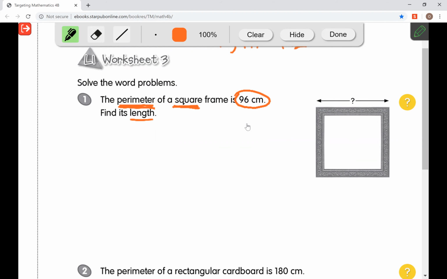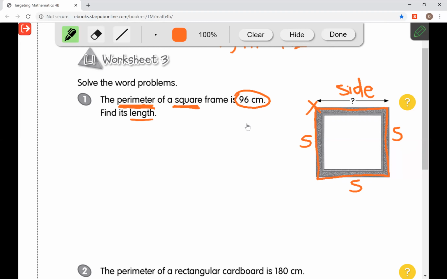Okay, so we know that a square has 4 equal sides, so we can just write side, and S is the short form for side. And perimeter, imagine yourself walking 1 round around the outline of the figure.